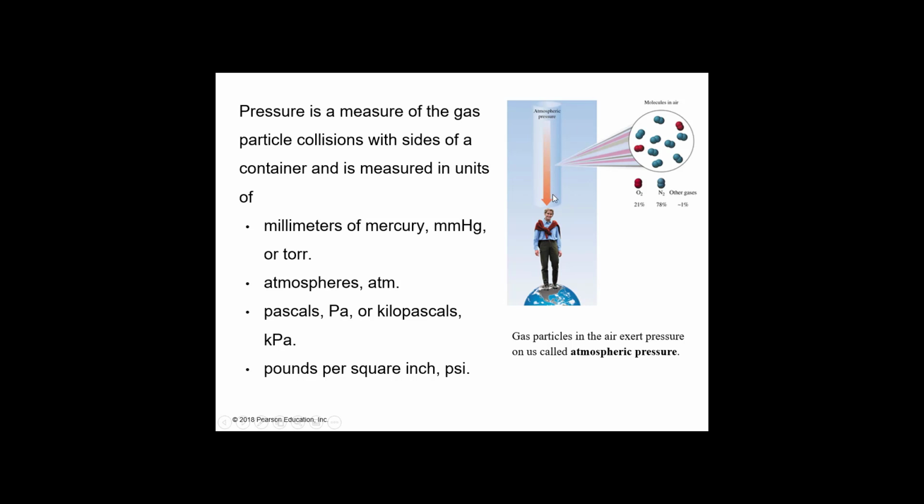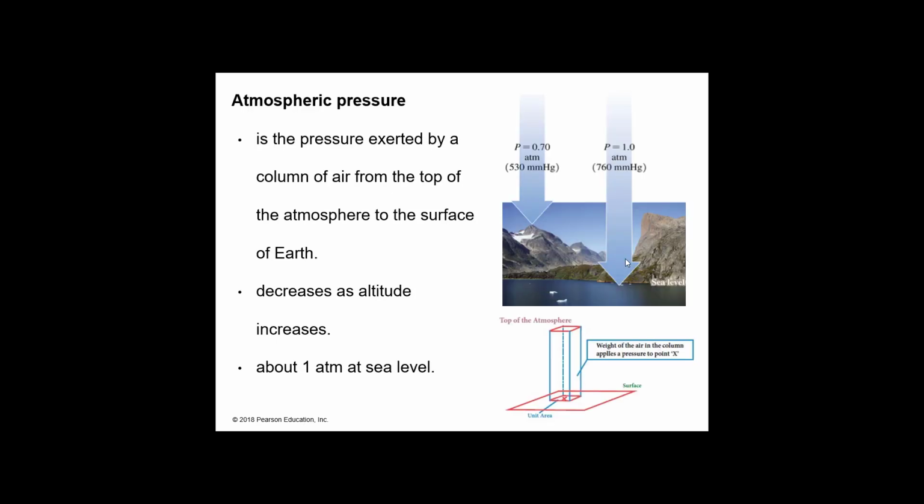So the atmospheric pressure comes down on us, and what is atmospheric pressure? What are the molecules that are in the air? It's made up of oxygen, nitrogen, other gases, and depending on where you are, even water vapor. Atmospheric pressure is 1 atm at sea level, and you can get an idea of where something's located based on knowing that.